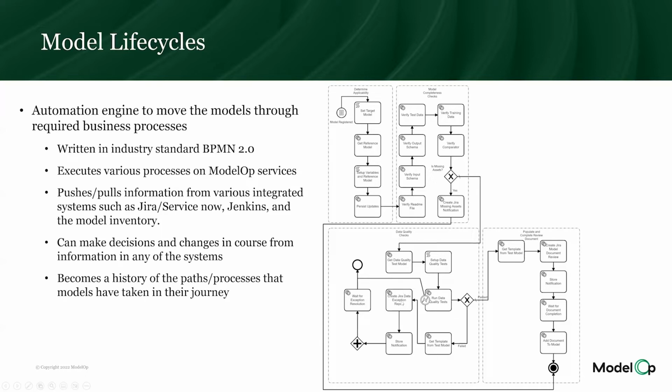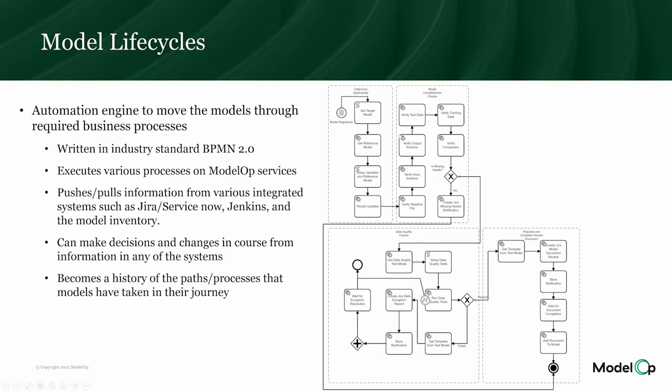So all of that information is moving between all these different systems: our model manager service executing a monitor, running some tests on an external runtime, capturing the results, and then pushing it into a JIRA to deal with it, or continuing on and pushing it into a document review process and creating documents. So we can push and pull this information in and out of all these disparate systems.